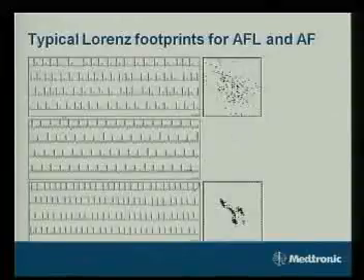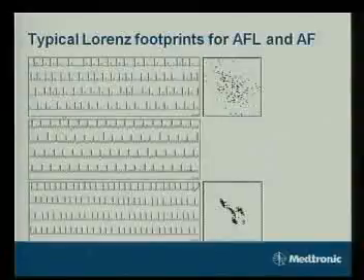This is a typical Lorenz plot of a patient with atrial fibrillation. Your ventricular rate gets very irregular. This is a plot of atrial flutter. Normally here you have a very stable ventricular rate. And this is also atrial flutter, but with different conduction ratios.